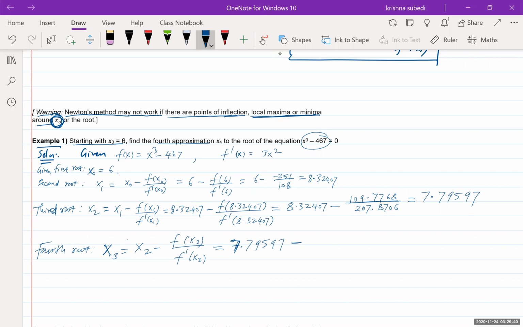When I plug in this value 7.79597 in the function here, over f prime of 7.79597. Let me see what my calculator tells me.